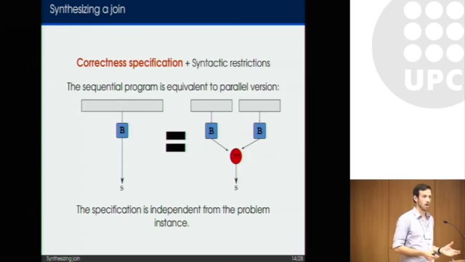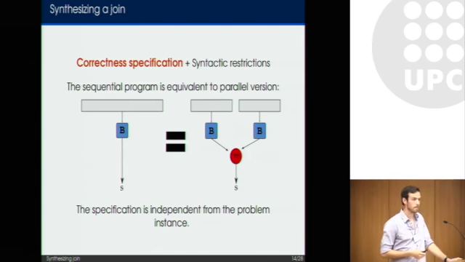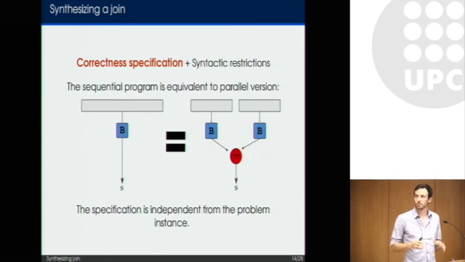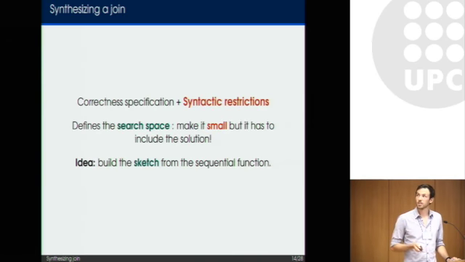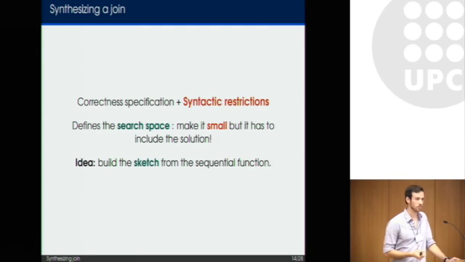On one side, we have this sequential computation, so the B function takes the whole sequence as input, and we have at the end a state S. And we are trying to find this red dot so that joining the two computations gives us the same state at the end. In this problem, the specification is independent from the problem instance. We just have to replace the function name in the correctness specification. But the main challenge is to find the good syntactic restrictions.